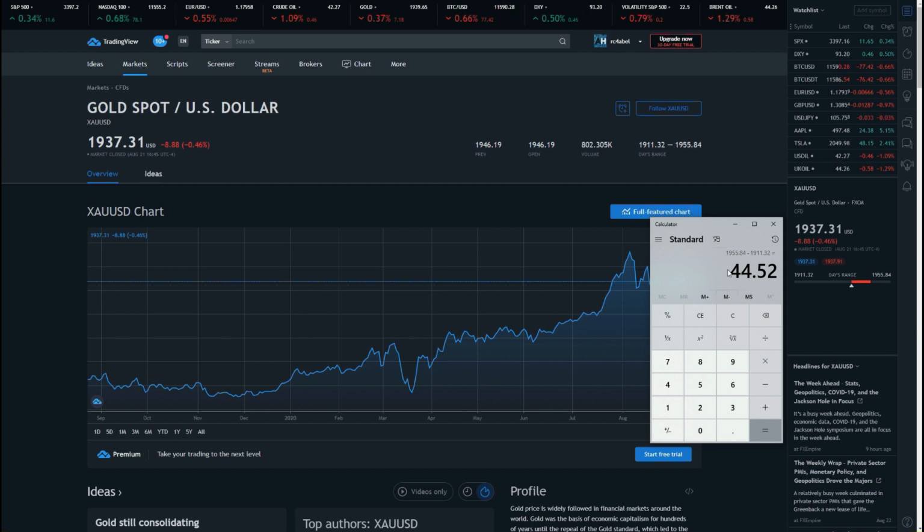So if you look at this figure, $45, and if you were to look at your bot setting, it would be quite wise to take this figure and divide it into half. So $45 divided in half will give you about $25.